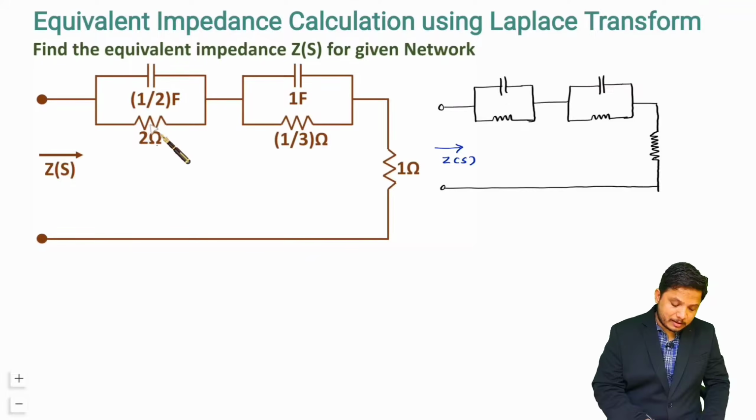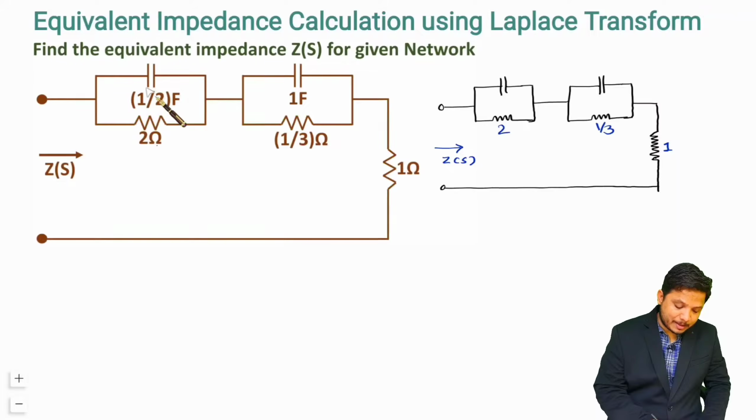For resistors, the Laplace equivalent is constant. So this 2, 1/3 and 1 ohm will not change.